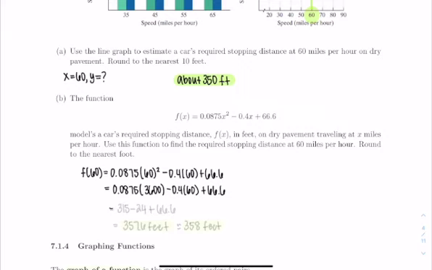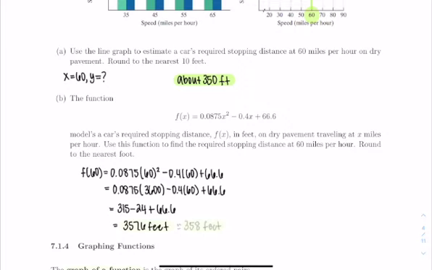0.0875 times 3,600 is 315. Negative 0.4 times 60 is negative 24, plus 66.6. 315 minus 24 plus 66.6 gives me 357.6 feet.